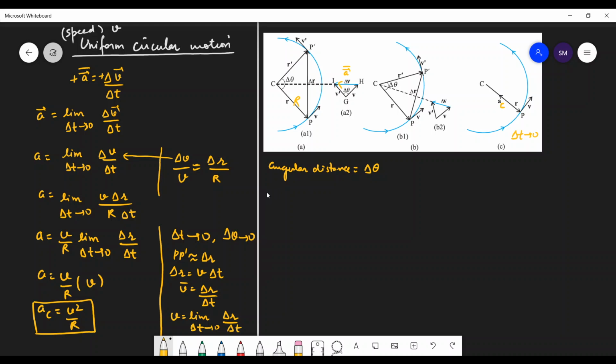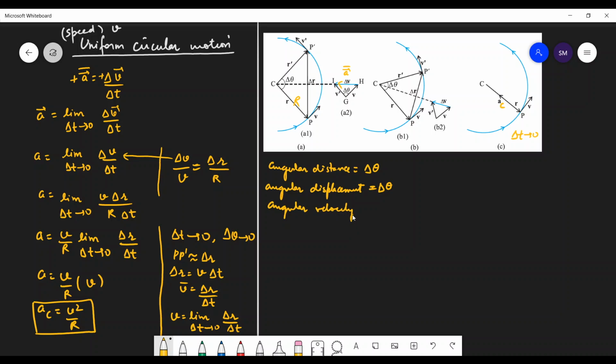Now what will be angular displacement? We can also say this delta theta is angular displacement. So in terms of this angular displacement, we will have angular velocity.